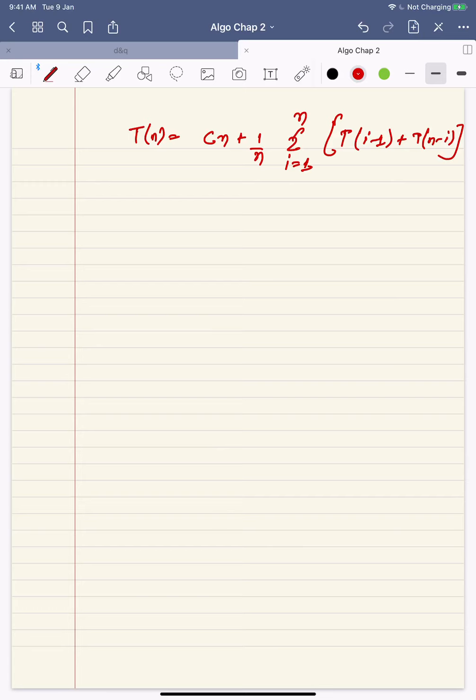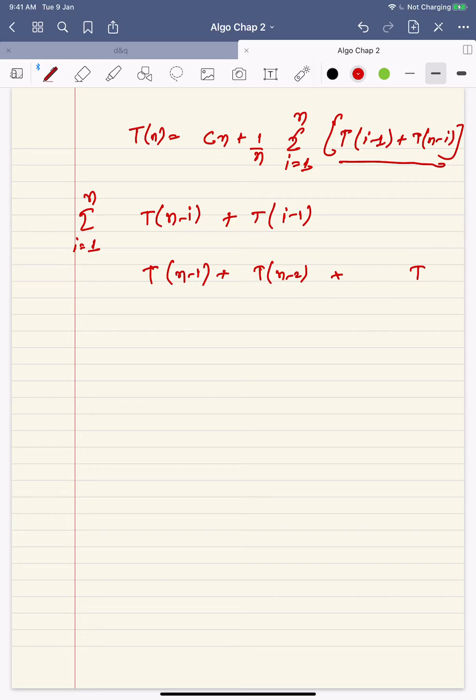Now some things I can do quickly. For example, I can simplify this term: sigma i equal to 1 to n of T of n minus i plus T of i minus 1. If I start putting i equal to 1, I will get T of n minus 1 plus T of n minus 2 up to T0.